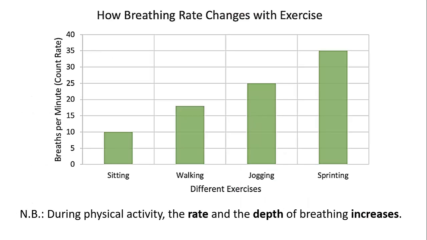Another thing that you need to know about your breathing system: your breathing rate changes with exercise. Not only your breathing rate, but your breathing depth will change by exercise. Why? Because while you're exercising, your body needs more energy. So it needs to do more and more aerobic respiration.